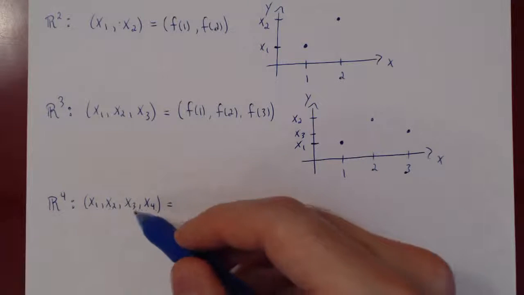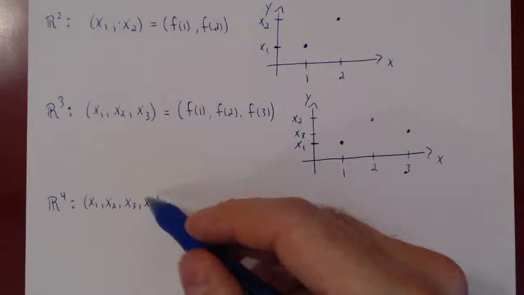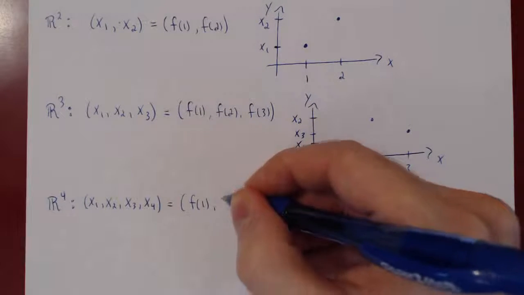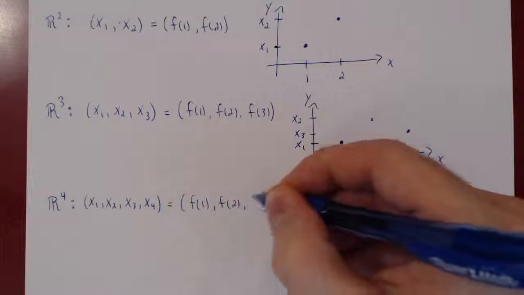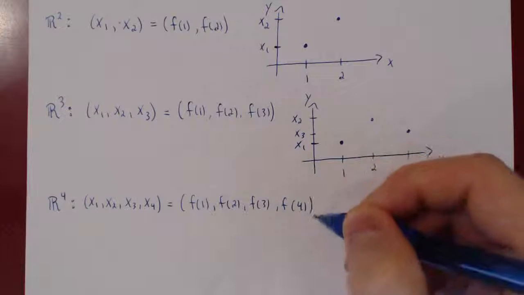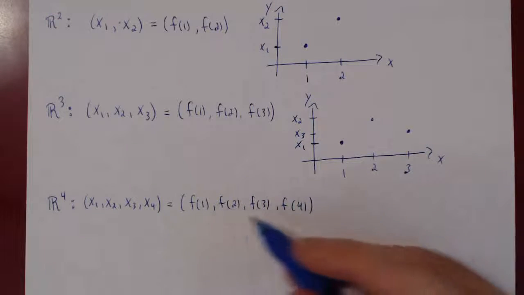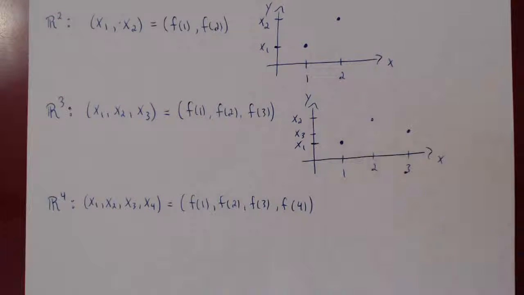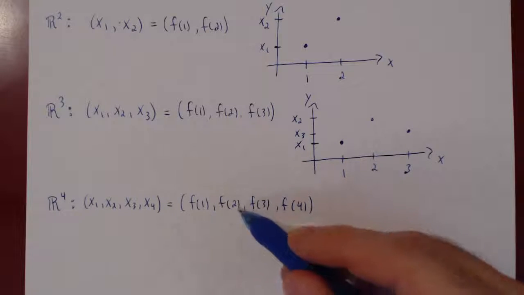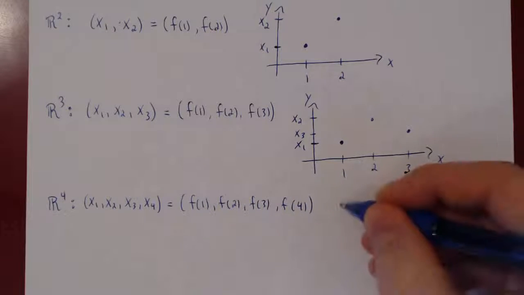To 2, we assign x2. To 3, we assign x3. And to 4, we assign x4. And so we have four values of a function at 1, 2, 3, and 4. So if we visualize the graph of this function, it will be a little more complicated. It will be the graph of a function defined only at the first 4 positive integers.